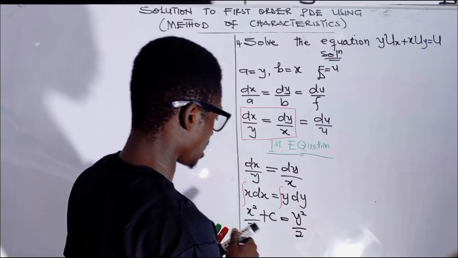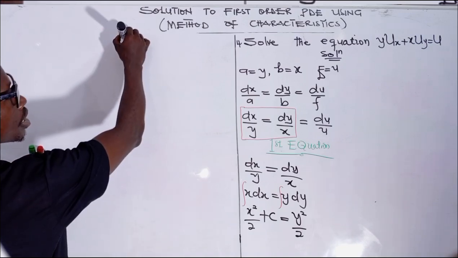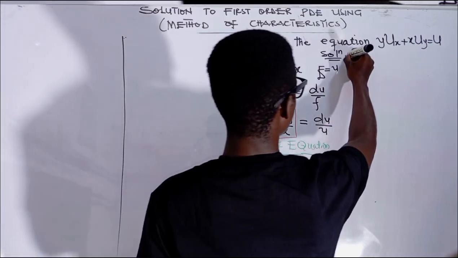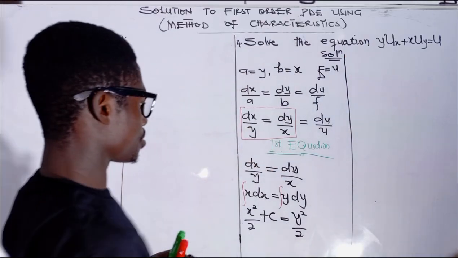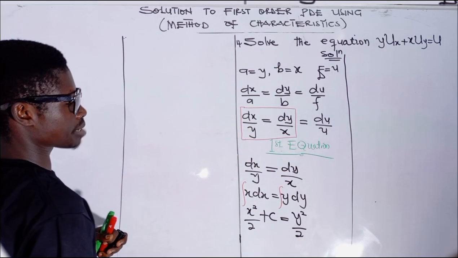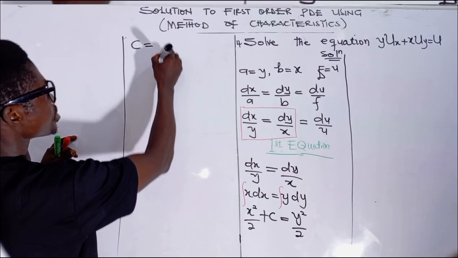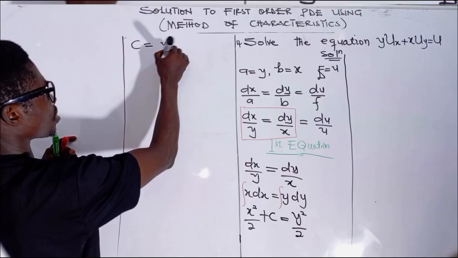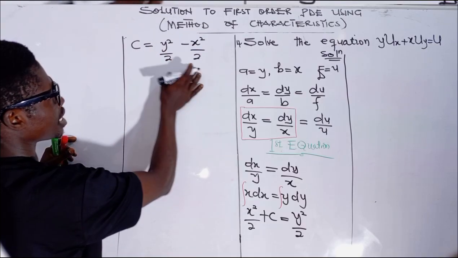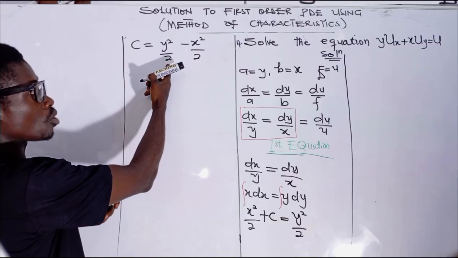Let's continue from the side. From this, we can decide to make c the subject. So let's say our c is equal to y squared over 2 minus x squared over 2. Let's clear the denominators by multiplying by the LCM, 2.